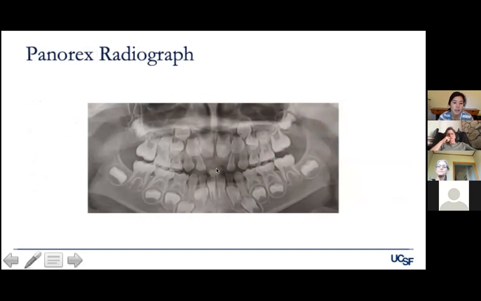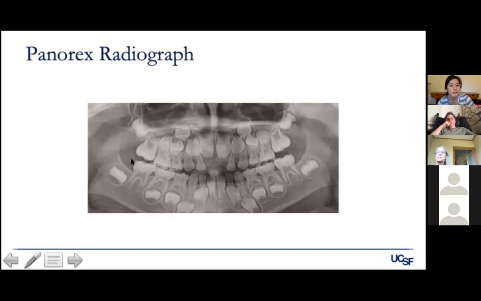As you can see right here, these roots are not fully developed, but they are starting to come in. Just based on this picture, you could guesstimate that this patient is probably around 7 or 8 years old, just based on the tooth patterns, which is really neat to see.